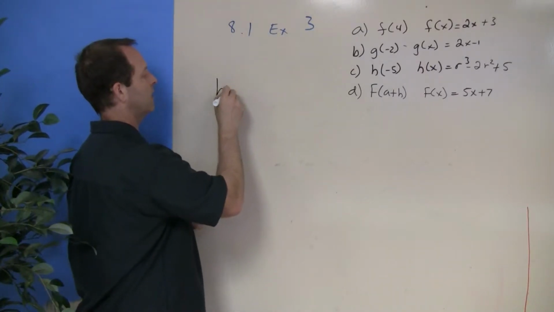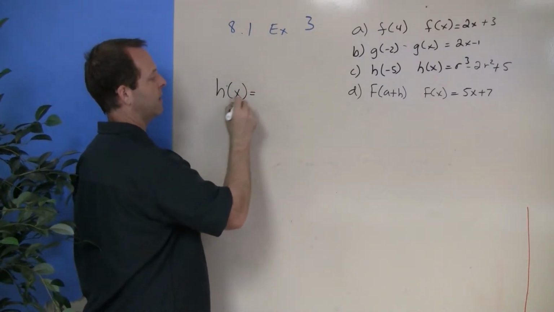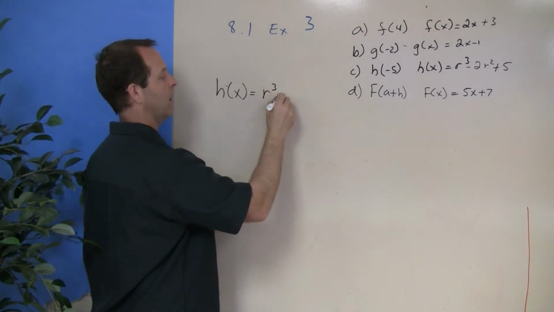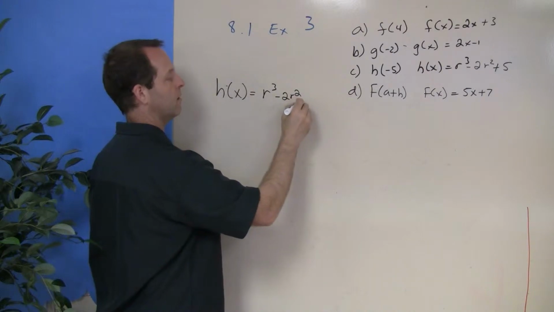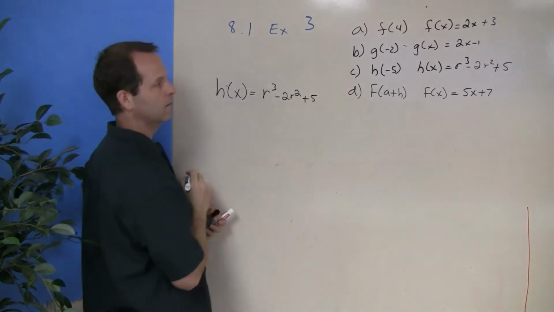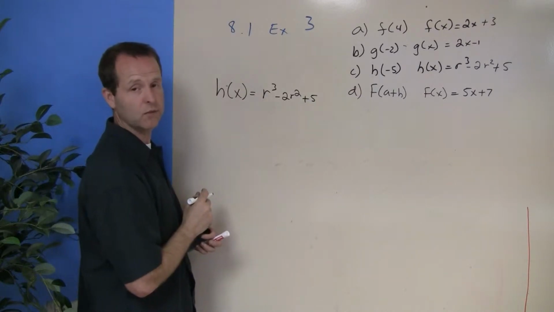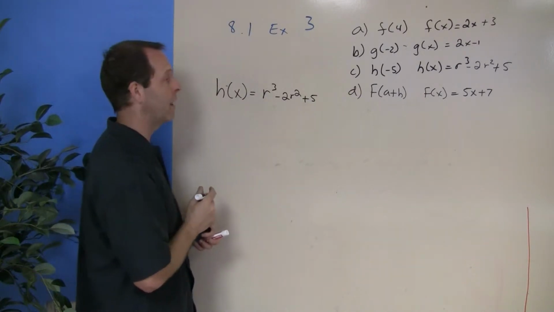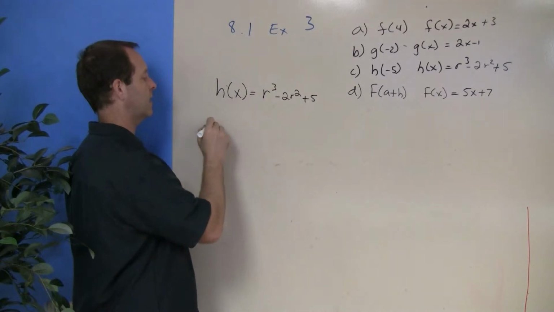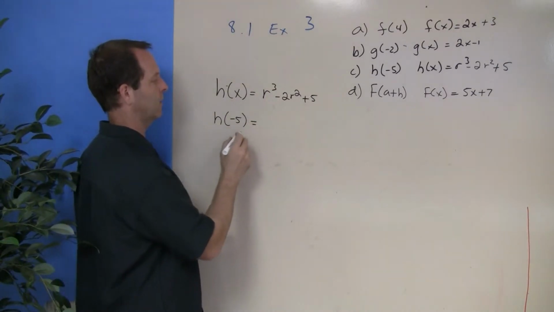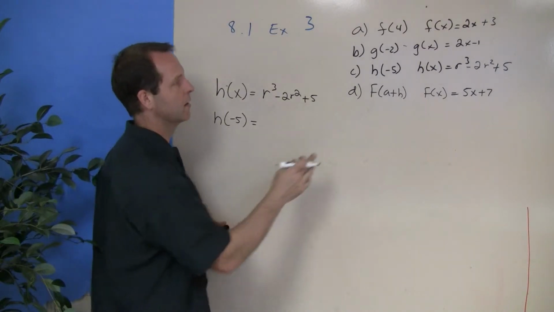So I'm going to rewrite h of x. In this particular case, the function is represented by r cubed minus 2r squared plus 5. Make sure I got everything written down correctly. And I want to evaluate this function, or see what happens when x equals -5. So everywhere I see an x, h of -5, I'm going to replace, well, sorry, I went from x's to r's.